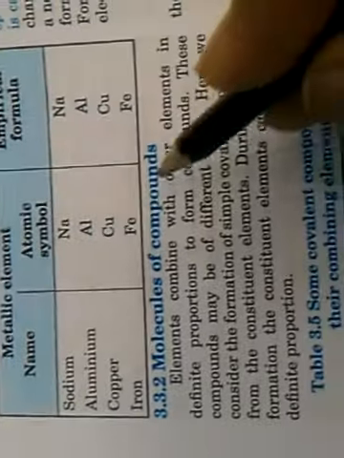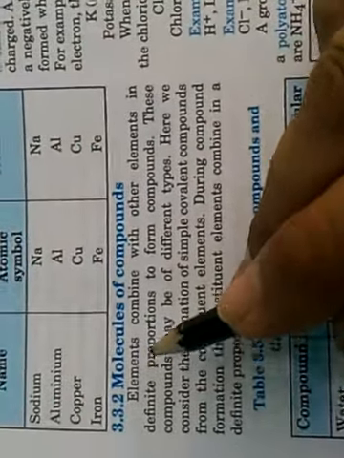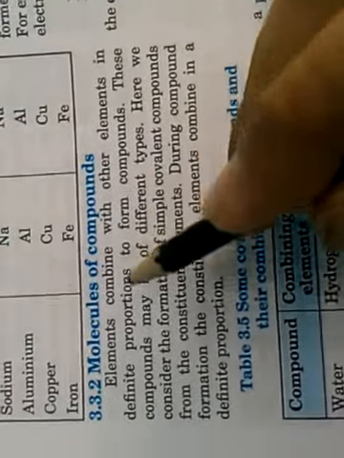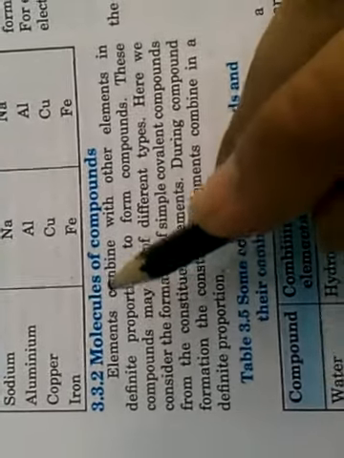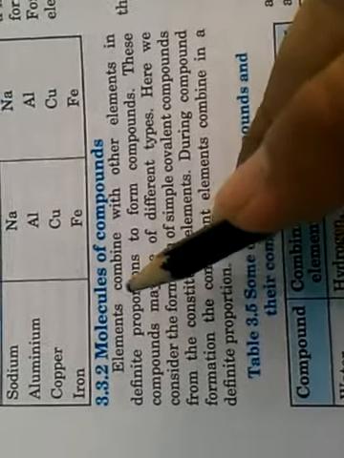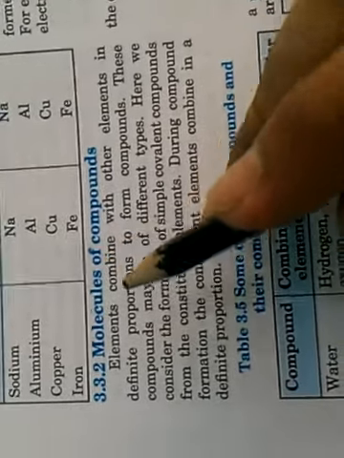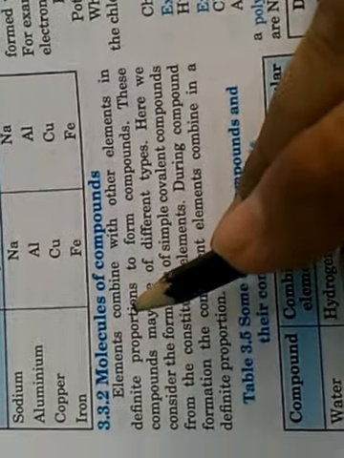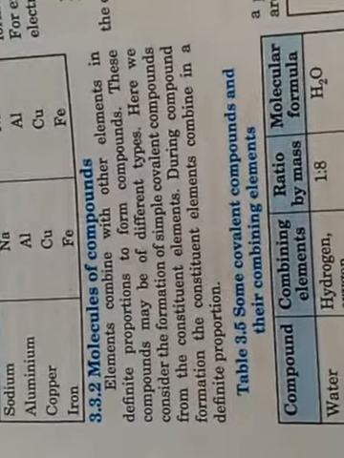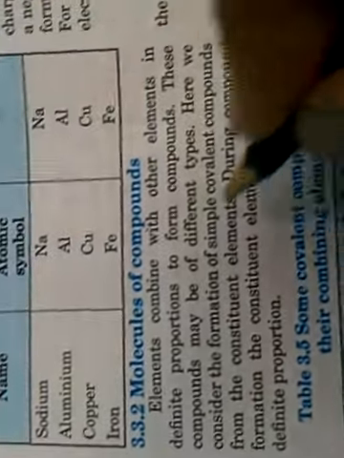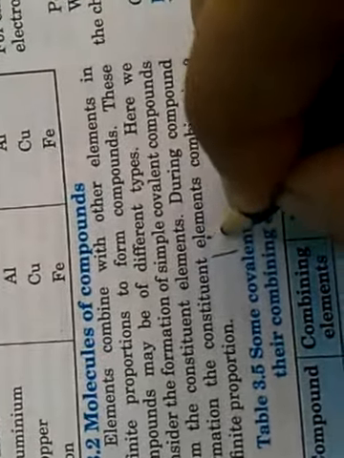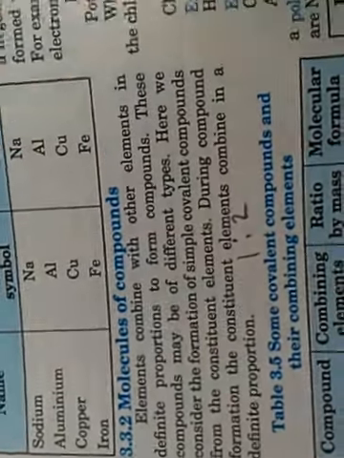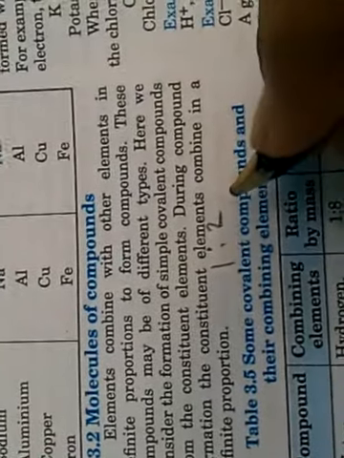Now we will see molecules of compounds. Elements combine with other elements in definite proportions. That means the proportion shall remain definite in all cases if that particular compound is prepared by taking the same elements. For example, if I am making carbon dioxide, the ratio of carbon and oxygen will remain 1:2, and it will hold true in all cases.